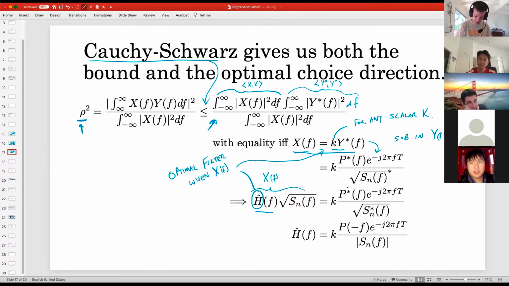So you'll see that the p star of f became p of negative f. It's called Hermitian symmetry or conjugate symmetry. And this is true if p is a real function. If p is real, then its Fourier transform has conjugate symmetry.